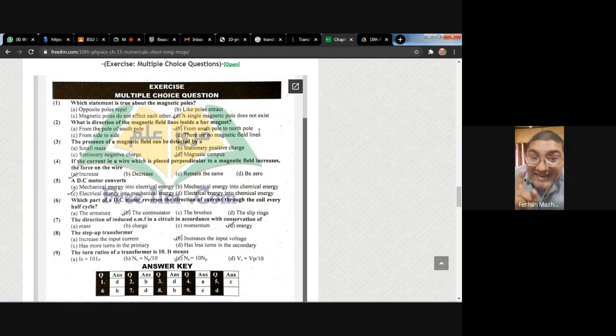But inside the bar magnet, the magnetic lines travel from south to north. Outside the bar magnet, the magnetic lines move from north to south. But inside the bar magnet, the magnetic lines travel from south to north.